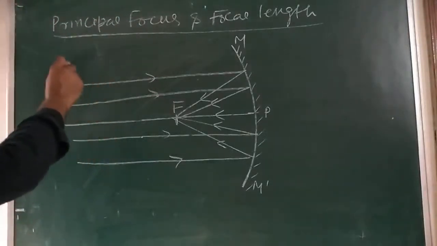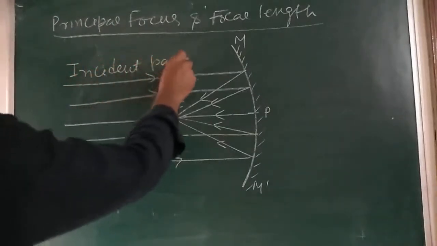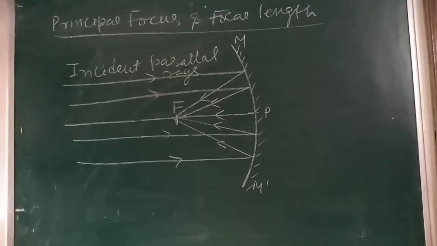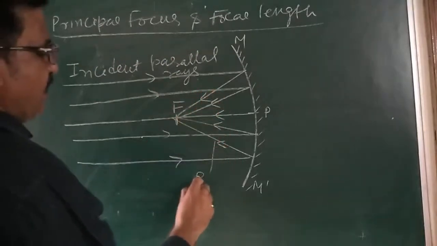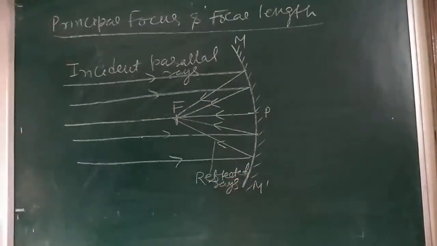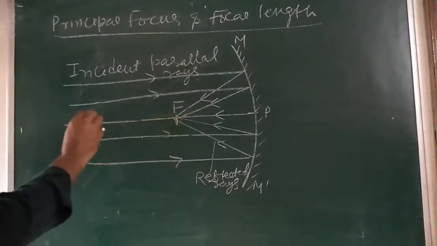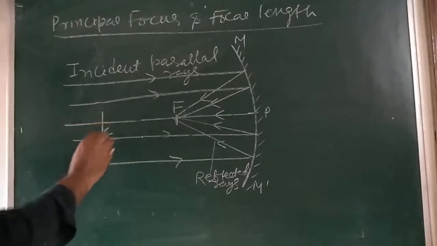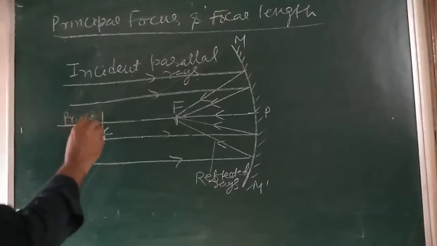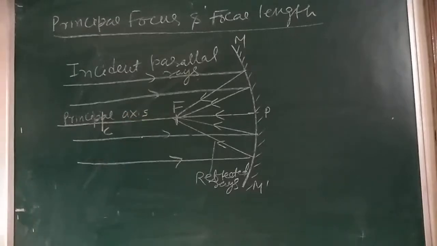These are the incident parallel rays. These are the reflected rays. This is focus, and here it is the center of curvature. This line is called principal axis.